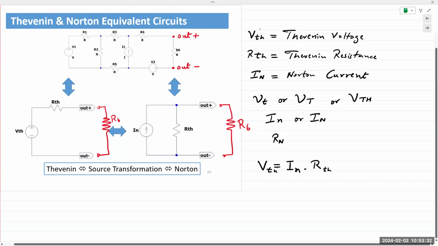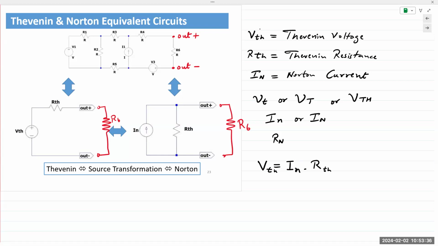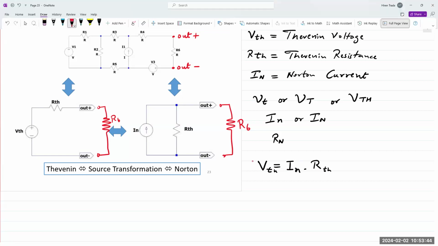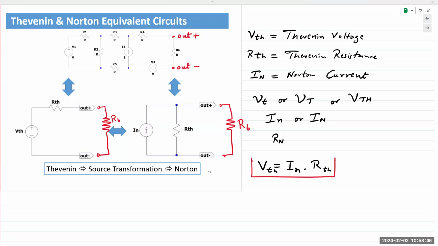Actually, just a dot. Thevenin voltage is a product of Norton current and the Thevenin resistance. That's the relation between all three. But I will show you why it is advantageous to do this.